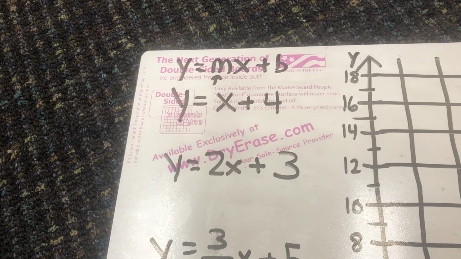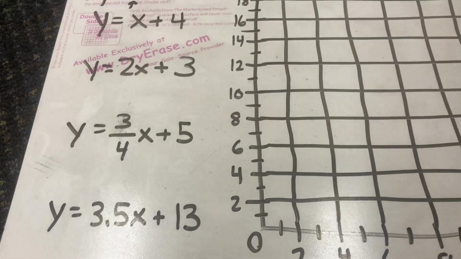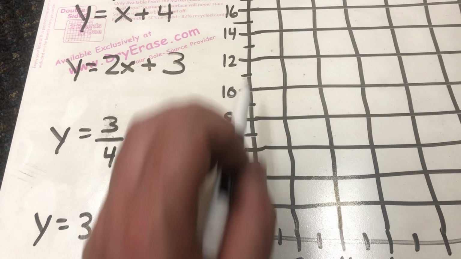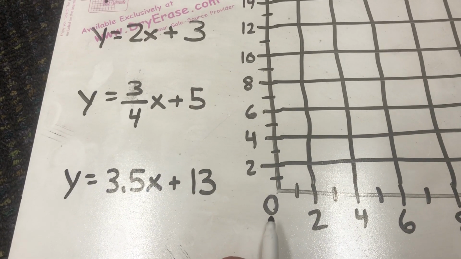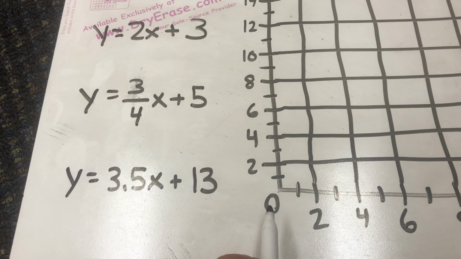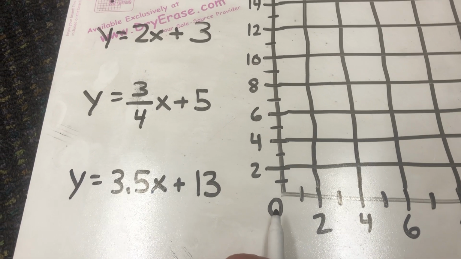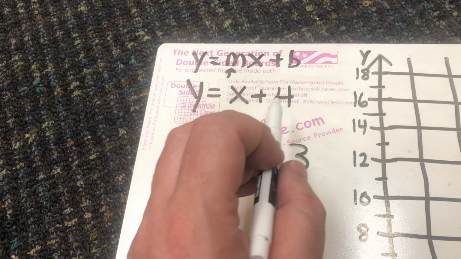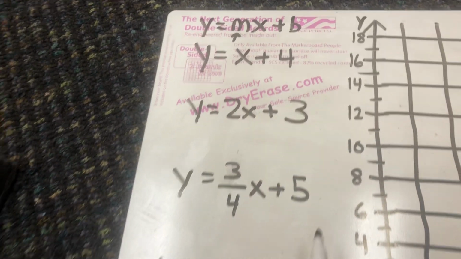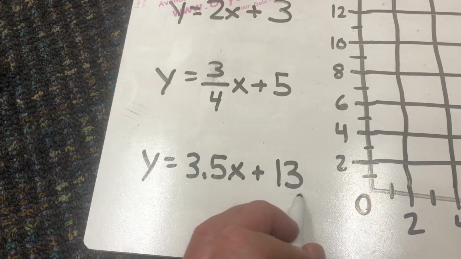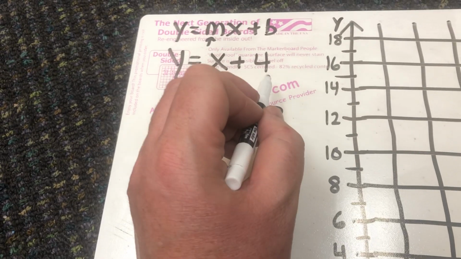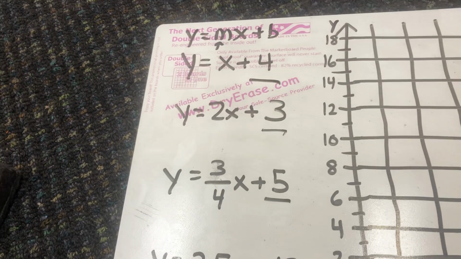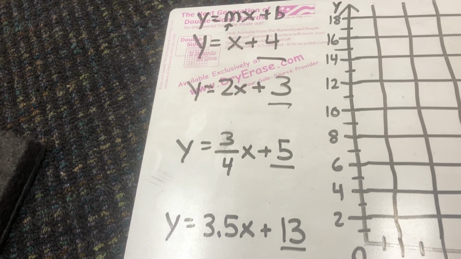If you're looking at the y-axis and it's on this line somewhere, x has to be 0. So I want to point that out. The y-intercept is what this number is here in all of these equations. That's what y is when x is 0.